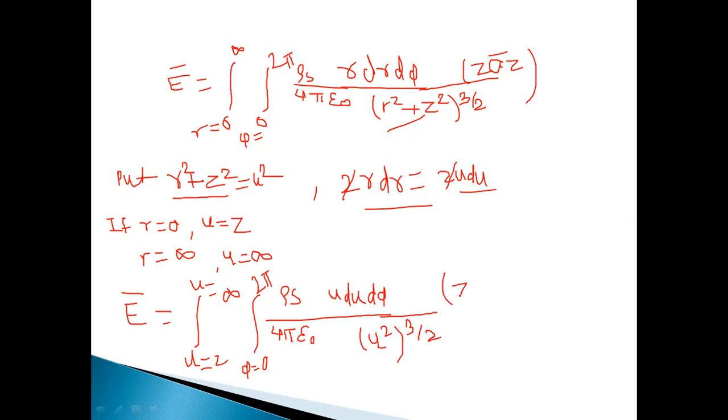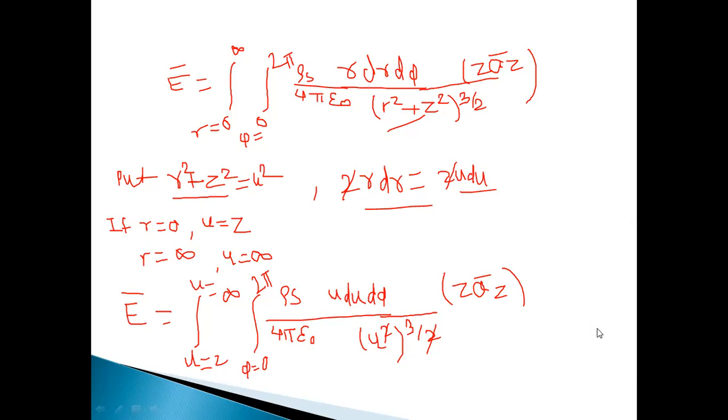Now the 2 and 2 get cancelled, so what will remain is u cube, and in the numerator u upon u cube means it is 1 upon u square. Do you understand? Yes.